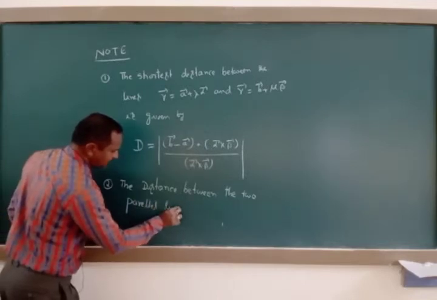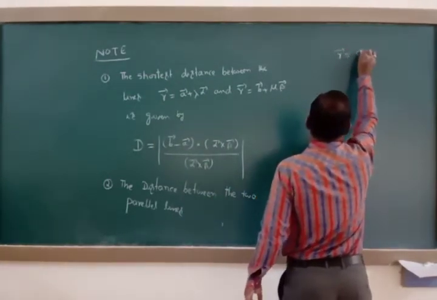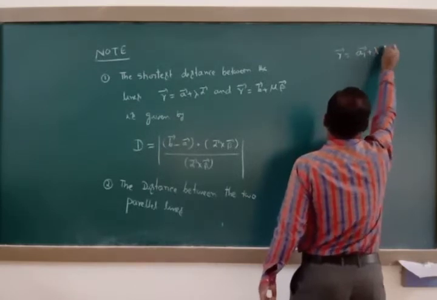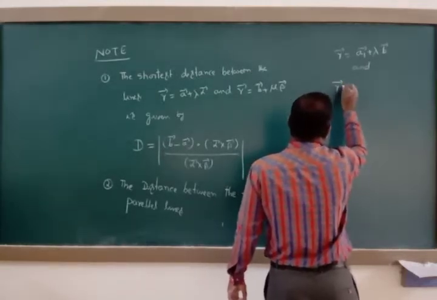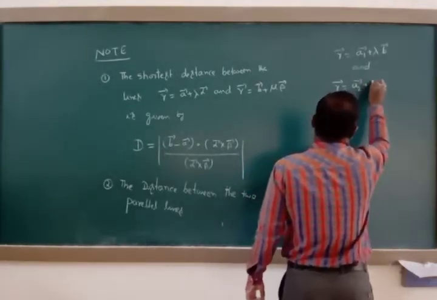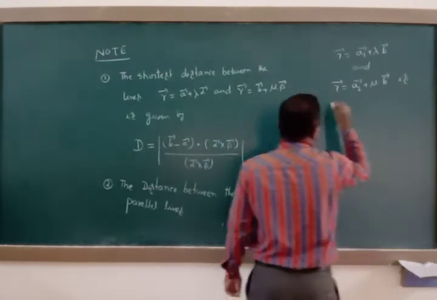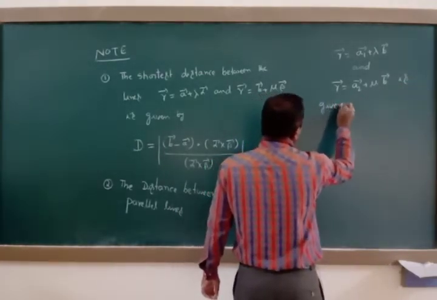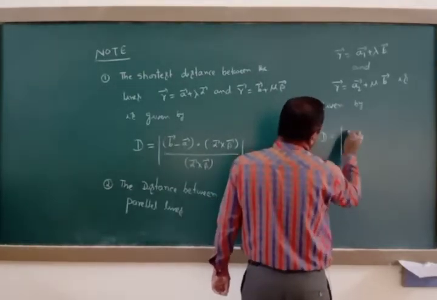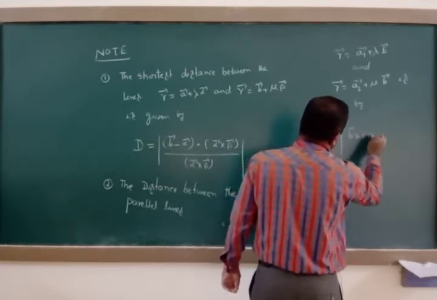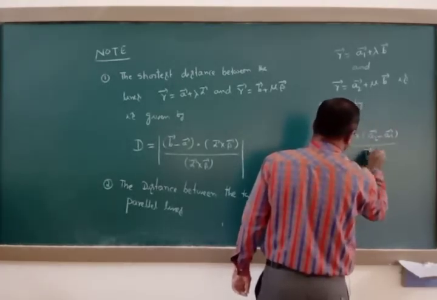The two parallel lines: R vector is equal to a1 vector plus lambda into b vector, and R vector is equal to a2 vector plus mu into b vector, is given by D is equal to modulus of b vector cross a2 vector minus a1 vector, whole dividing by magnitude of b vector.